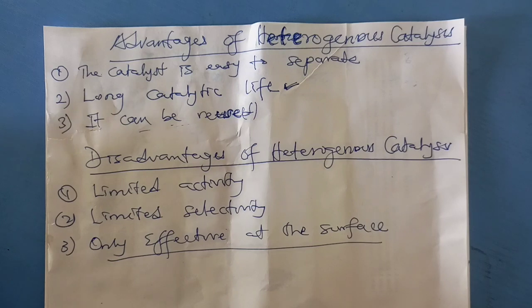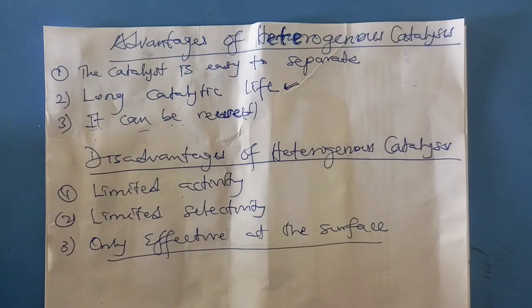That means the catalytic life is long. It can be reused. Those are the advantages, and the disadvantage is that it has limited activity, limited selectivity, and it is only effective at the surface.